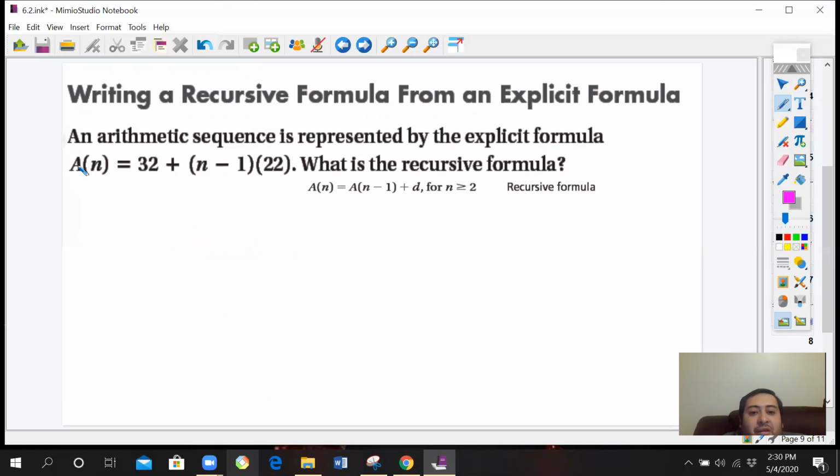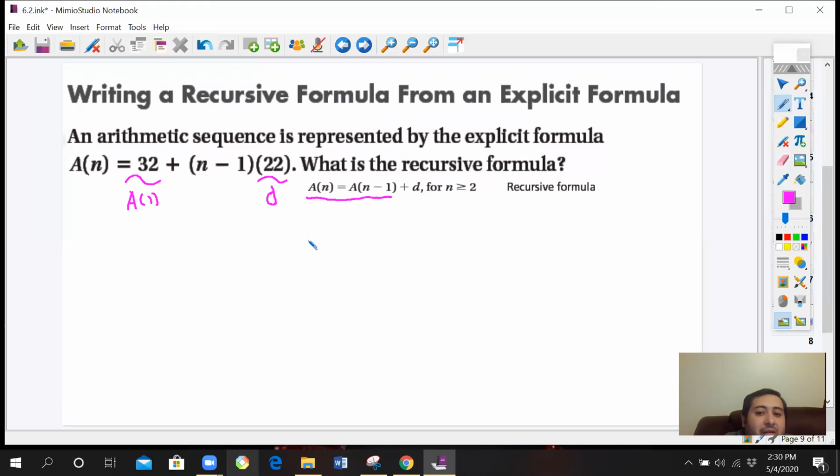And our arithmetic sequence is represented by an explicit formula. Okay, so now we're doing explicit to recursive. We know that this information here is going to be your A1. This information here is going to be your difference. Your recursive formula is basically, this section is going to stay the same and you're just writing the difference.